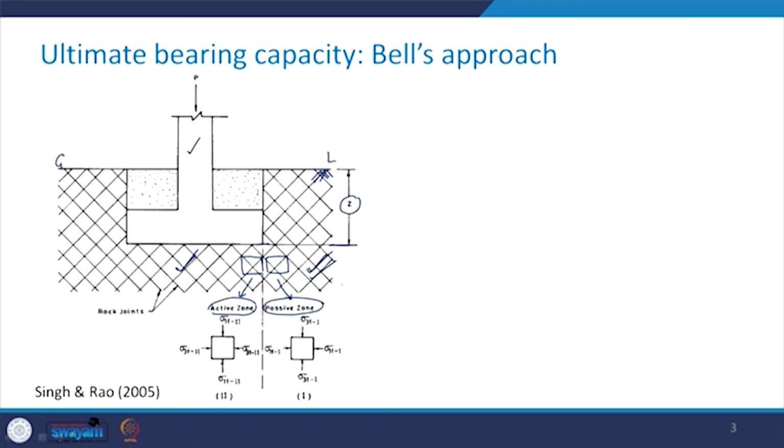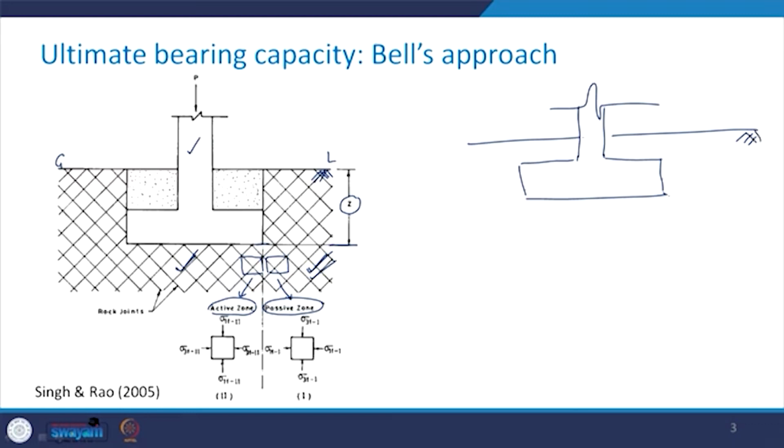Let us see what exactly this Bell's approach is. I redraw this footing here, at a depth of z, and these are the zones. Here you have the active zone, and here you have the passive zone, and these are all rock mass.